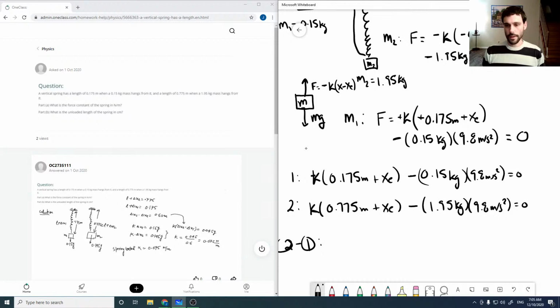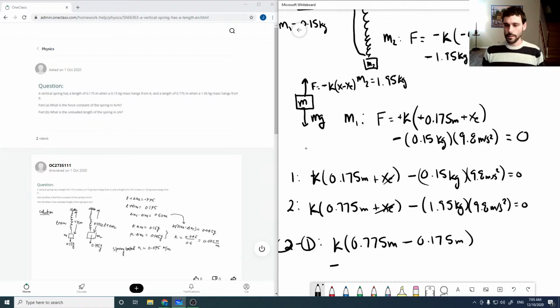And so then, because these xe's will cancel, we're left with k times 0.775 meters minus 0.175 meters, just collecting the like terms in k.